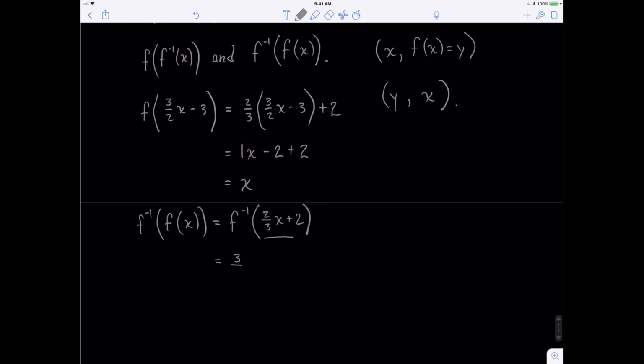Well, that's 3 halves times x, where x is now 2/3 x plus 2, minus a 3. I distribute the 3 halves. That's going to give me a 1x plus a 3 minus a 3, and there it is. So because of those compositions, both times you get out an x, we know that we have found the correct inverse. Thanks for watching.